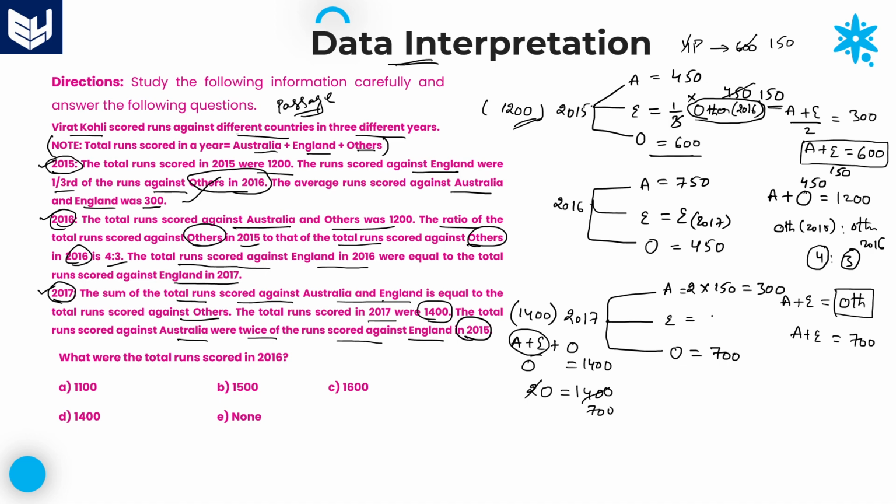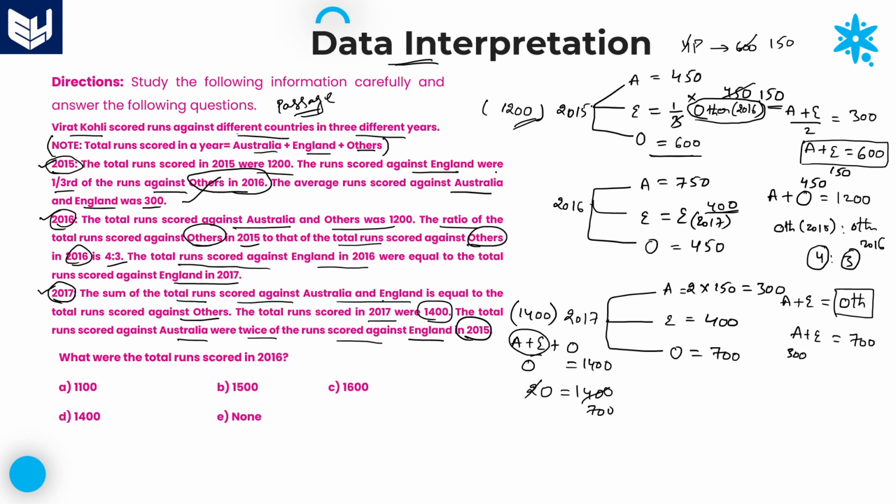And next, England value. See, Australia value is 300. Australia plus England is equal to 700. So England is equal to how much? 700 minus 300, 400. Now England 2017 is 400. If this value is 400, automatically 2016 England is also 400, right?